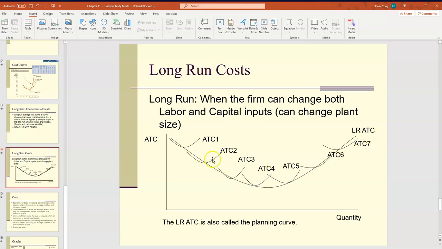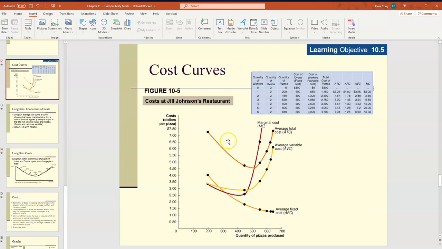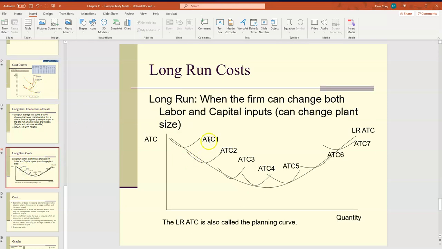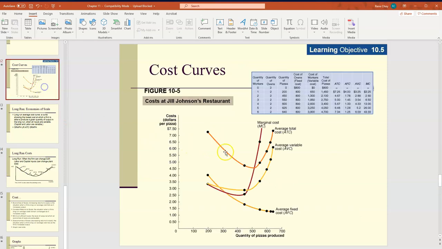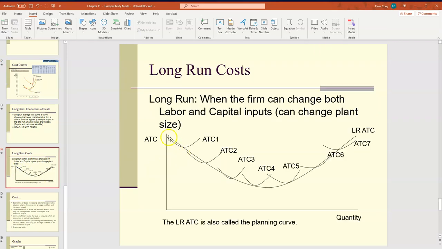And each one of these lines represents your cost of production. Okay? So when you open your first restaurant, this ATC1 you see here is the ATC of the first restaurant that you open. It's this ATC here. So for the first restaurant that you open, you're going to be on this cost structure.